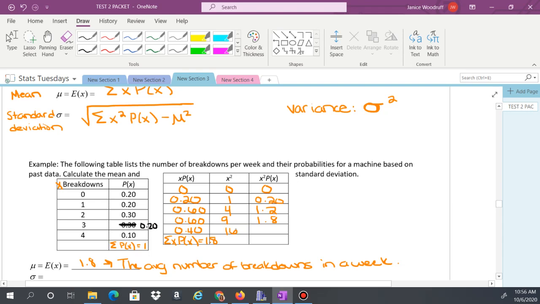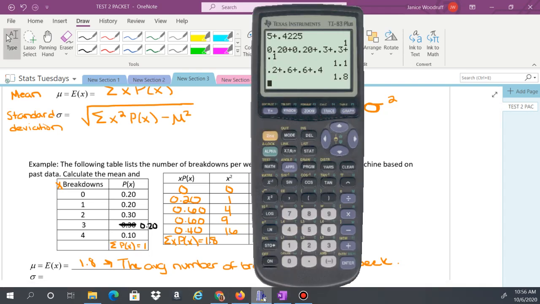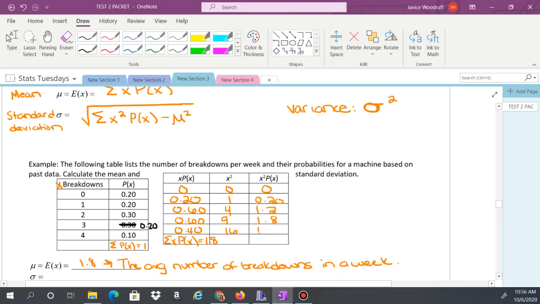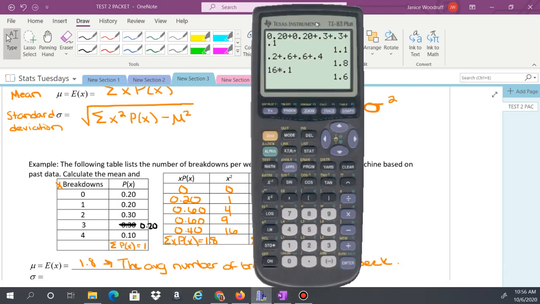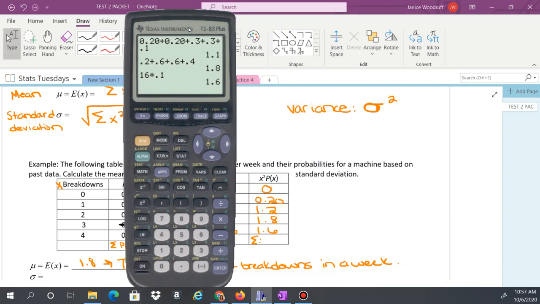And then 16 times 0.1 should be 1.6. Okay, then if I sum this column, that's going to give me the sum of x squared p of x, which I will need. So let's see, 0 plus 0.2, 1.2, 1.8, 1.6. So 4.8.